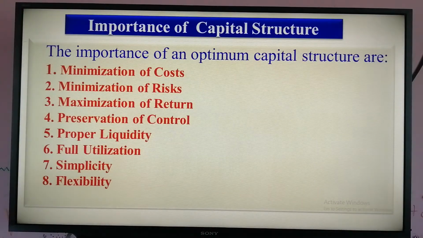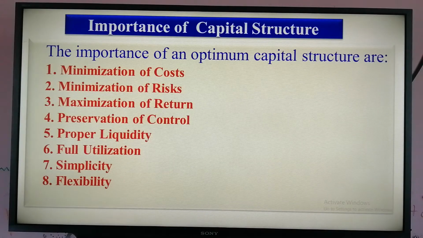The importance of capital structure. Minimization of cost. You know, the first condition of an optimum capital structure is minimization of cost. Cost must be minimized. Minimization of risk. You know, in the business world, various types of risk are occurring: business risk, environmental risk, profit risk, trader risk, interest rate, share issuing risk.